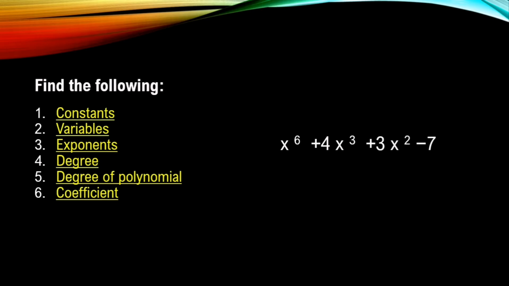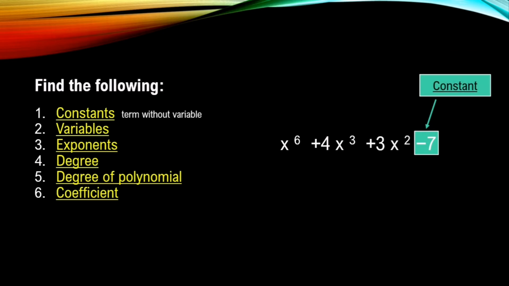First, let us find the constant. The constant's definition is, it is the term without variable. Based on our polynomial, where is the term without variable? Our term without variable is -7. So that will serve as our constant, because among the 4 terms, only 7 has no variable.